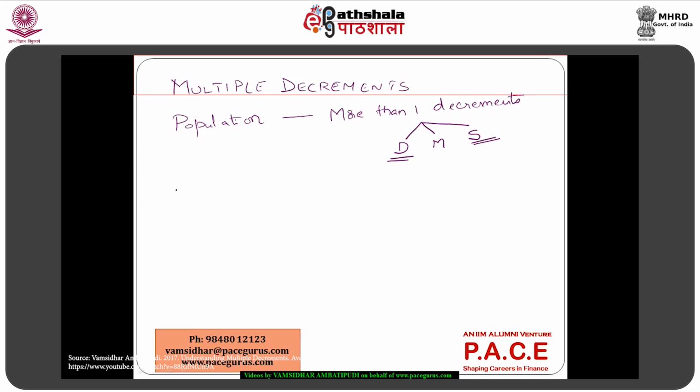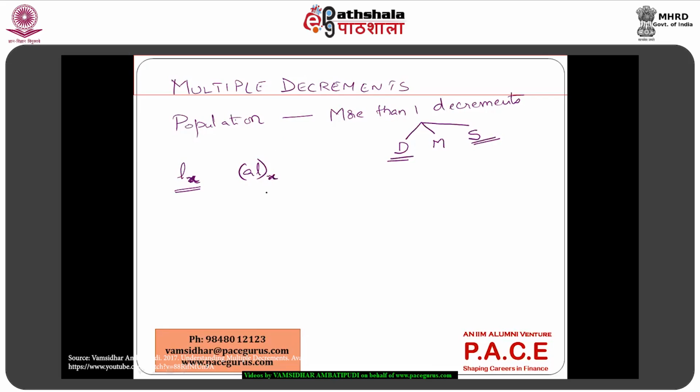Wherever we are talking about a multiple decrement scenario, if LX is the regular population whose age is X, here we define ALX.